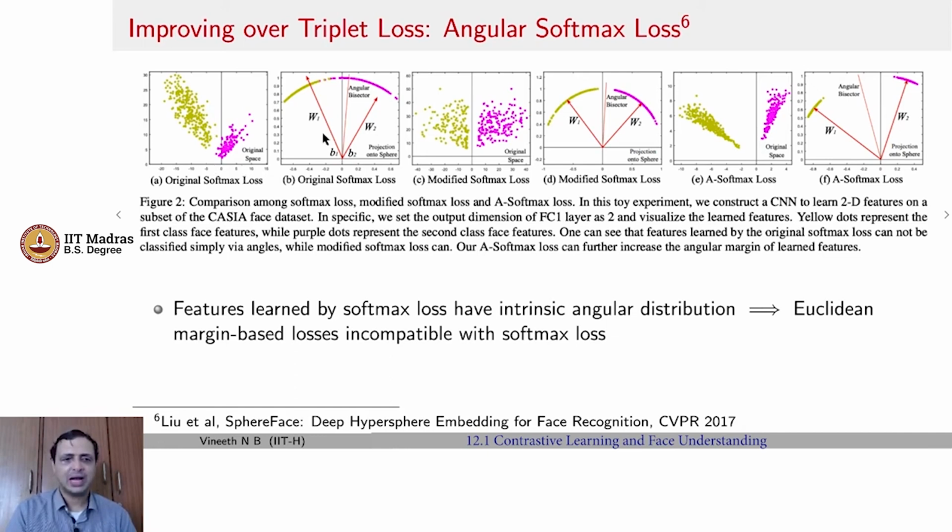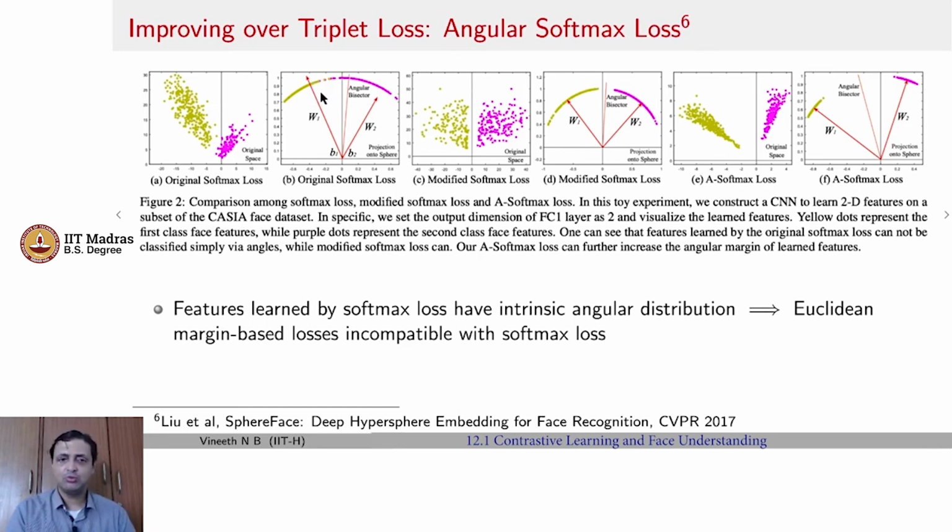So one can see that if you normalize these vectors and get a unit norm, it may be a little difficult to use the cosine distance between these two to separate the identities. You can see here that there are certain points where the yellow and the purple almost overlap.